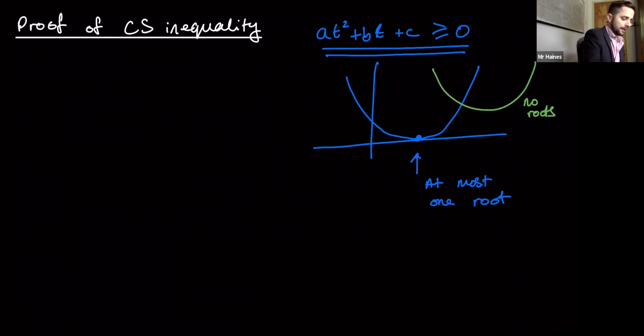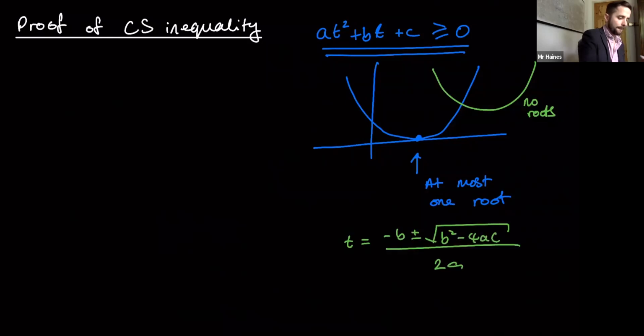Okay, if we were going to be finding the roots, it would be t by the quadratic formula. Okay, so this might be something you're already aware of. This is plus or minus here.